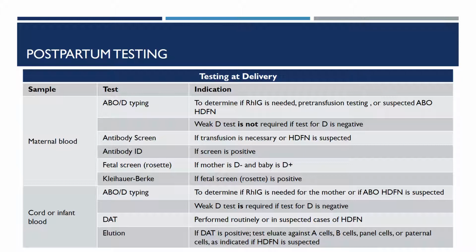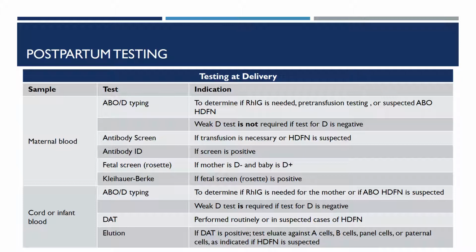We don't want to do that. A weak D mother should be considered D negative because she is capable of producing an anti-D. So some hospitals have said, we're not even going to look for a weak D on moms. And the AABB hasn't really fought against it. You know what? That's fine.